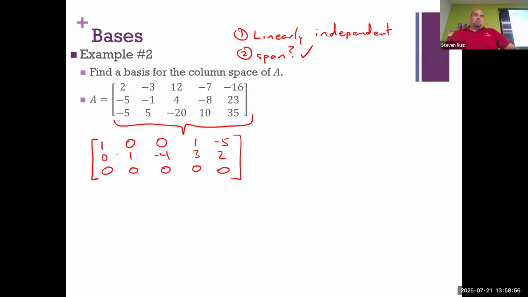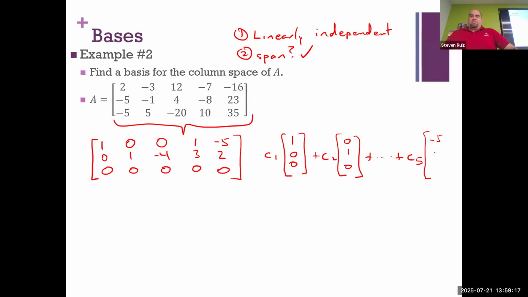And what the column space is going to look like for this matrix, the reduced one, is this, basically C1 times 1, 0, 0 plus C2 times 0, 1, 0, and so on, plus C5 times -5, 2, 0.